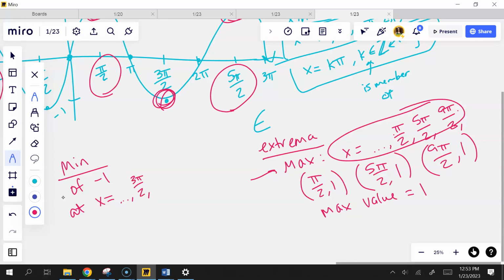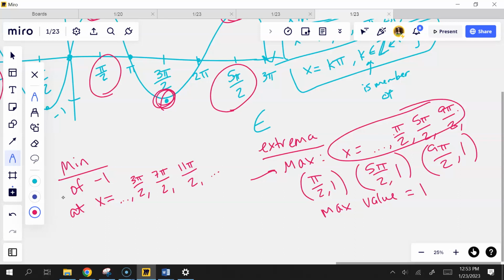Where's the next one? 7 pi over 2. 11 pi over 2. I could have done the negative, you're right. Pi over 2 is a maximum.